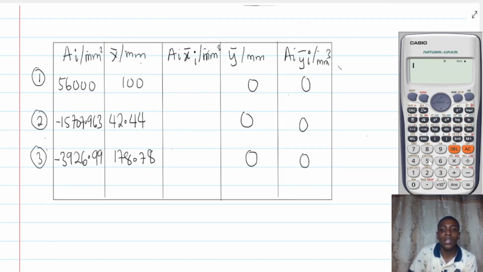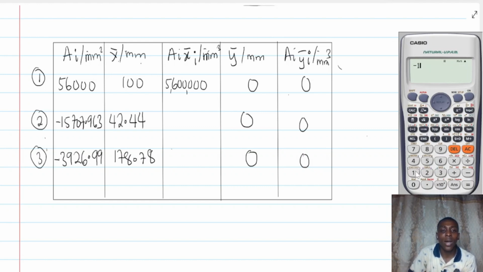Starting from the first one, 56000 multiplied by 100, that is 56 followed by 5 zeros. Millimeter cube.